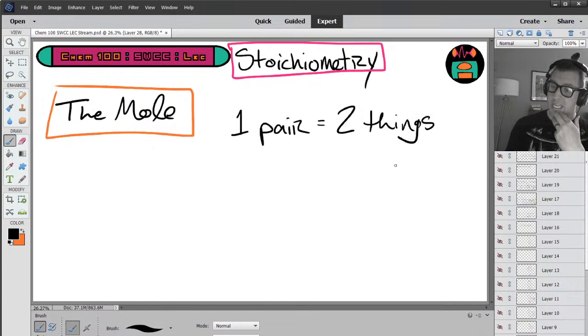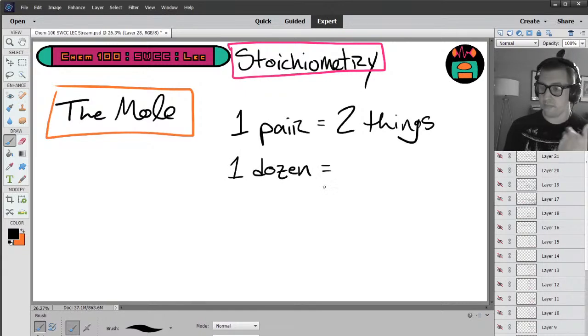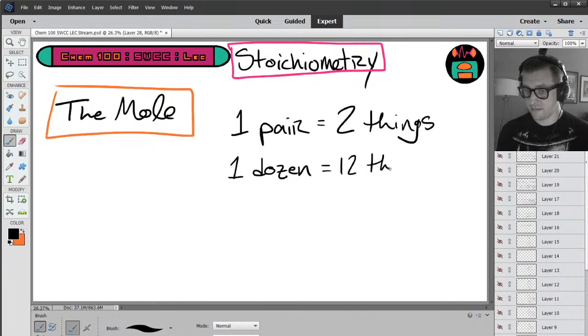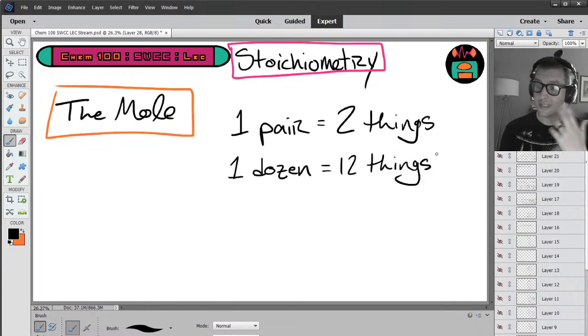A mole is similar to a dozen. If you have 1 dozen things, how many things do you have? 12. Right? Unless you're a baker. You have 13 in a baker's dozen. So a mole is a quantity like a pair, like a dozen. It's just much larger.